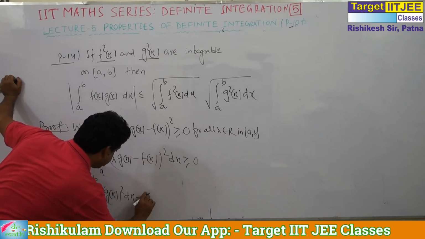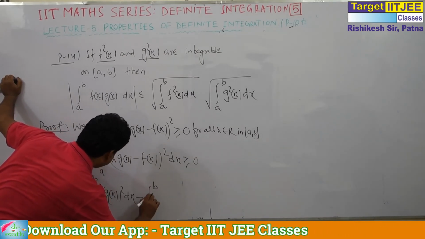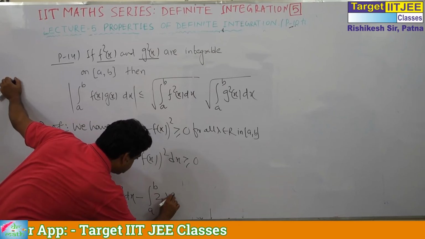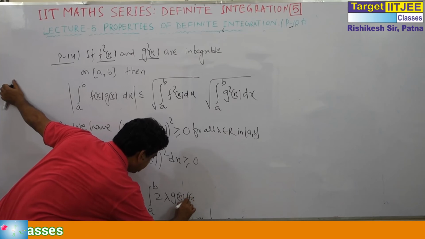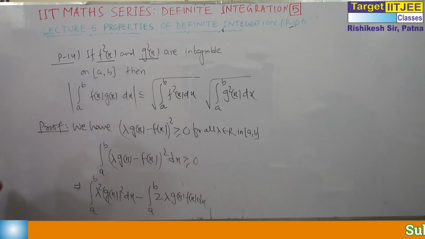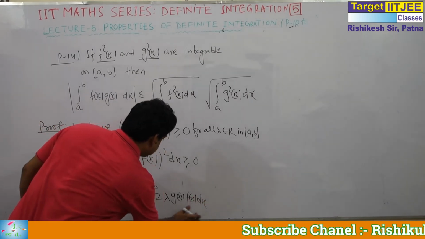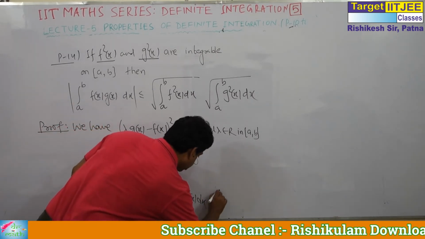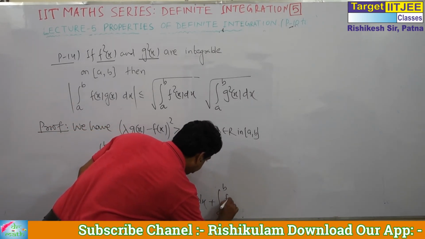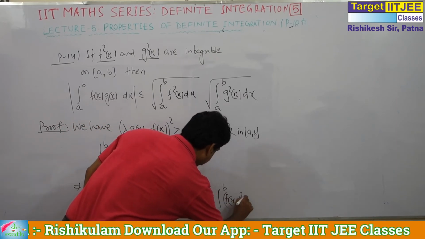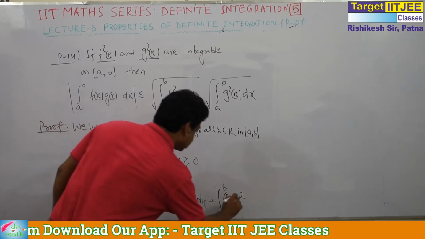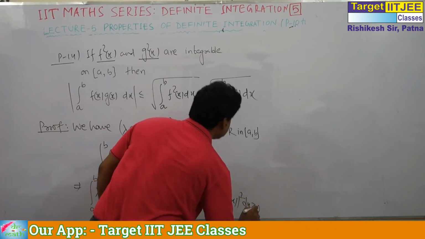The integral from a to b of 2 times lambda gx fx dx, and what is the final one? The final one is plus the integral from a to b of fx square dx, greater than or equal to 0.